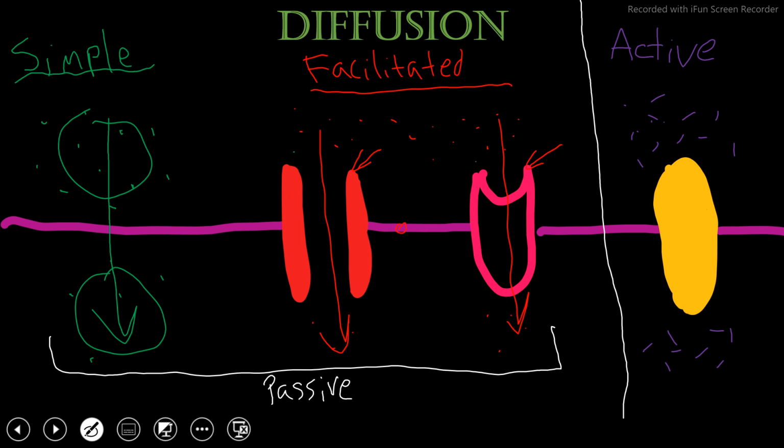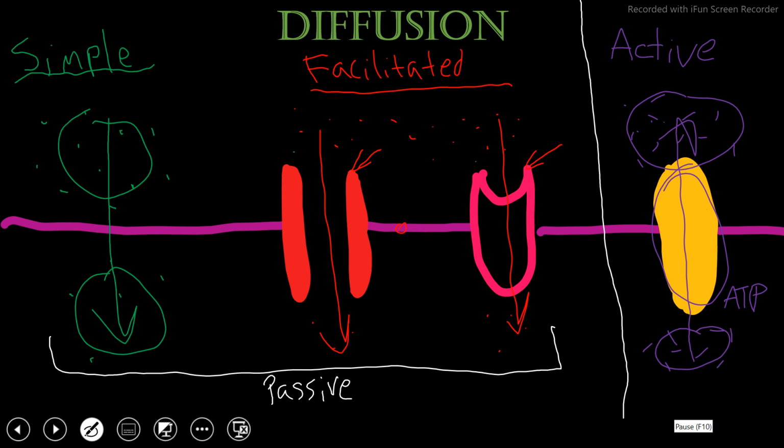Active transport is going to be bringing low to high to make this an even higher concentration. To do this, we need energy, and the energy that these pumps use is ATP. Remember, this is not considered diffusion because it is not going from high to low, it's going low to high.